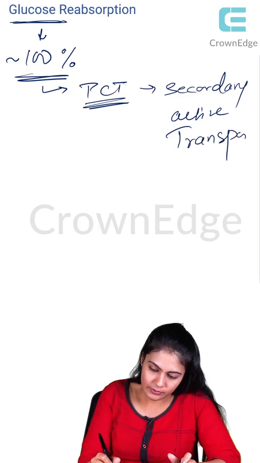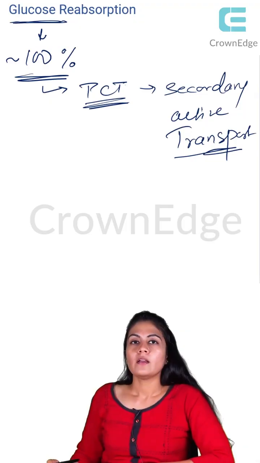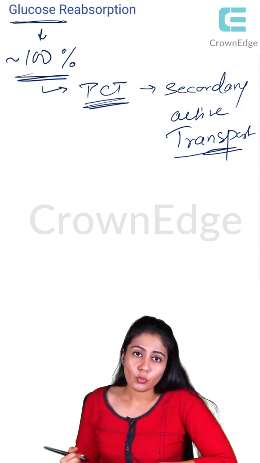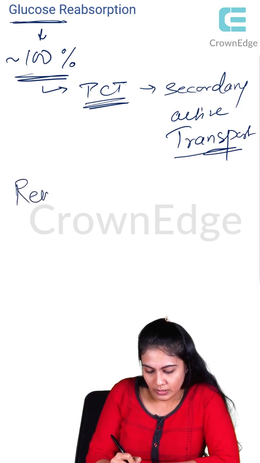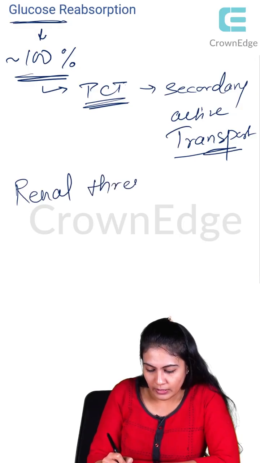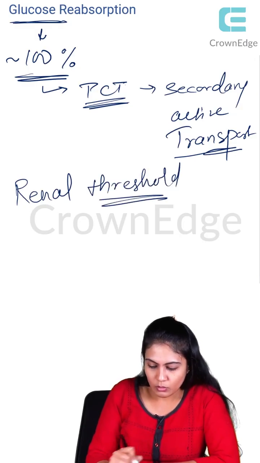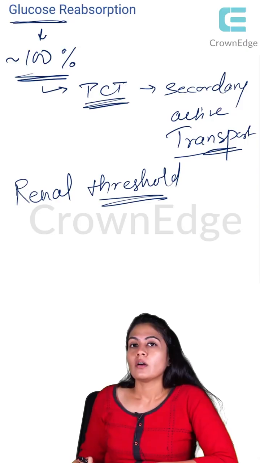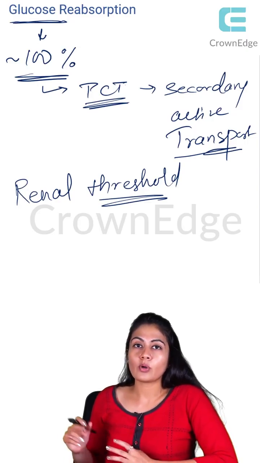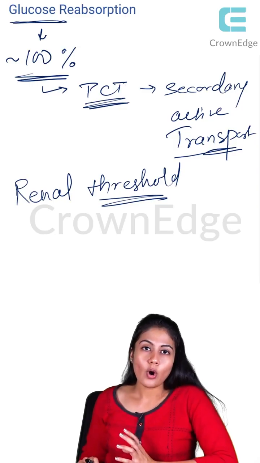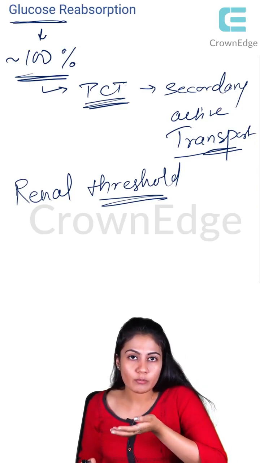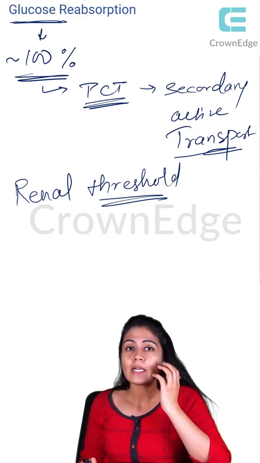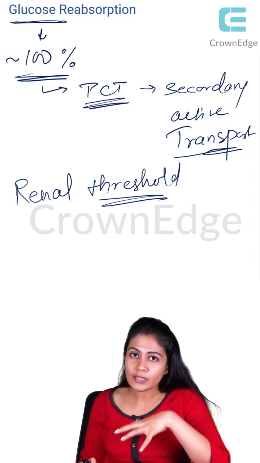Secondary active transport, right? We just now talked that there is something known as renal threshold. What is that? Everything in our body has some limit, right? So glucose absorption also has a limit. Suppose a person eats 1 or 2 kgs of laddus a day. The glucose is not going to get absorbed, because that much energy is not required in the body and there are not that many receptors for absorption.